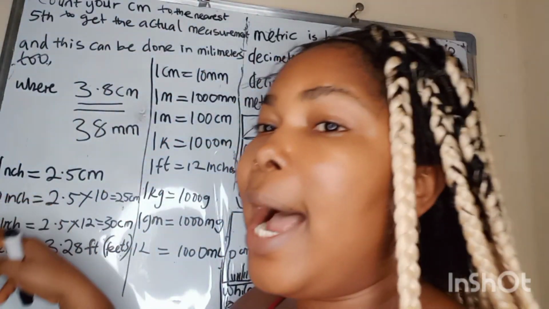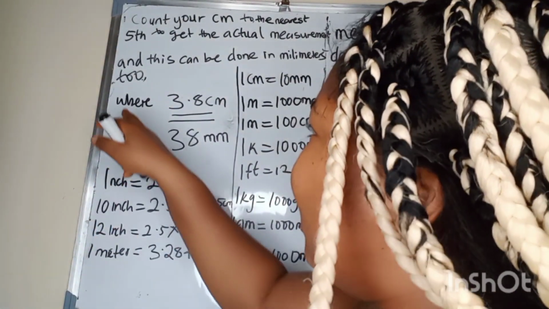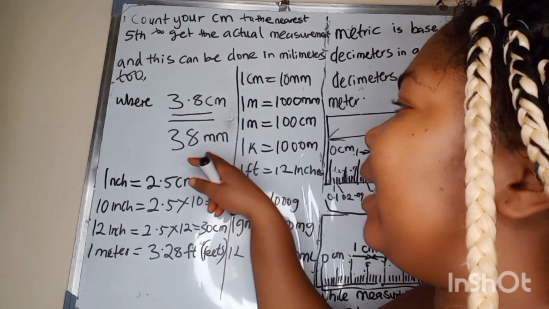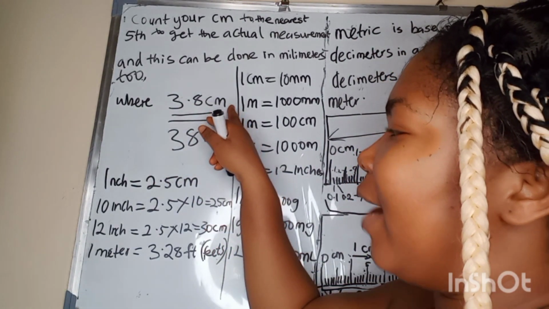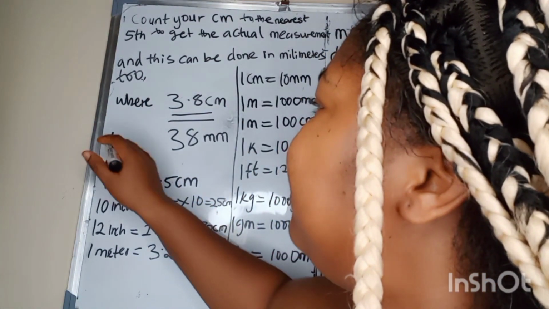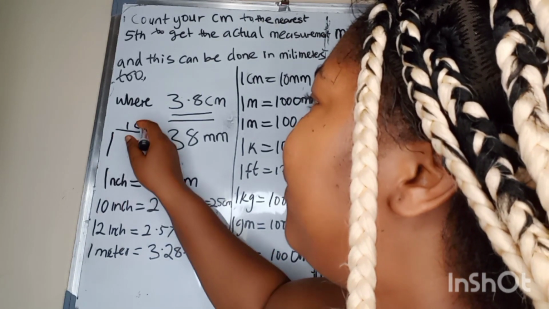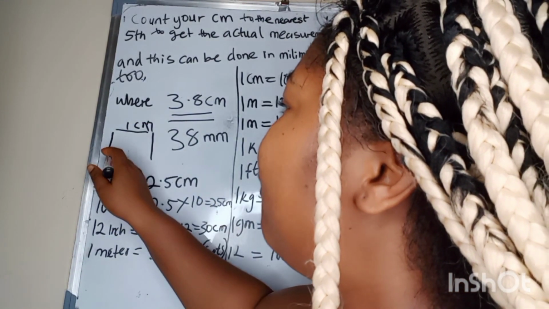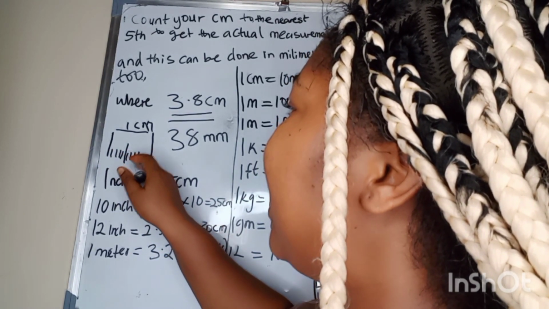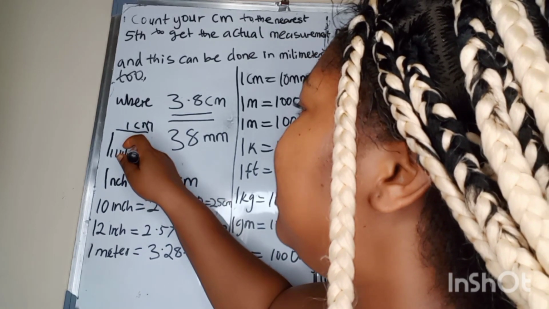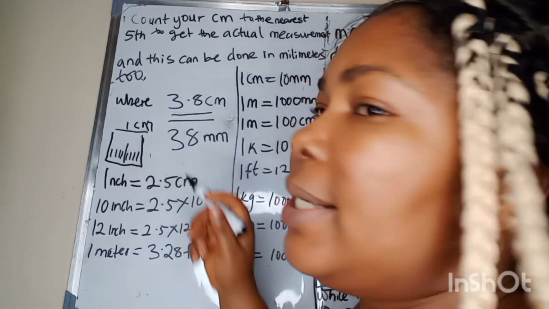So let's see how we can convert this to inches. When we say that 3.8 is the same thing as saying 38, you can see what I just explained now. It means 3.8 centimeters, right? On my centimeter line, this is 1 centimeter, and I have 1, 2, 3, 4 long line, 5, 6, 7, 8, 9, and then this happens to be the 10th line, which is the longest, and also assumed to be my centimeter.